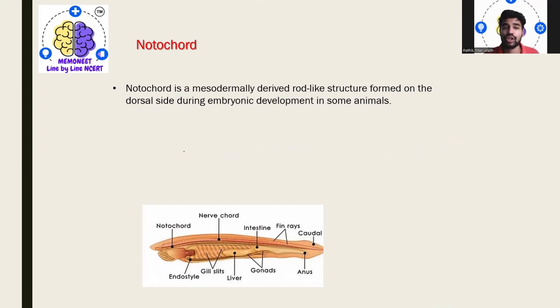Another very important thing in classification is the presence or absence of notochord. So what is this notochord? A notochord is a mesodermally derived, rod-like structure which is formed on the dorsal side during embryonic development in some animals.